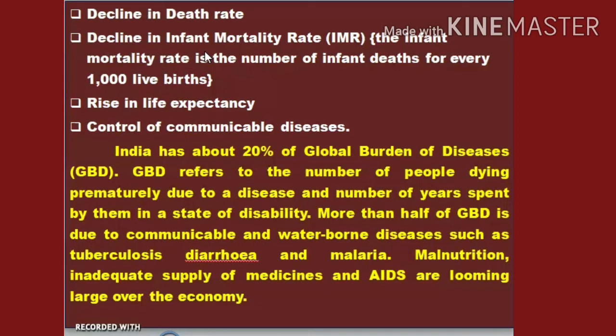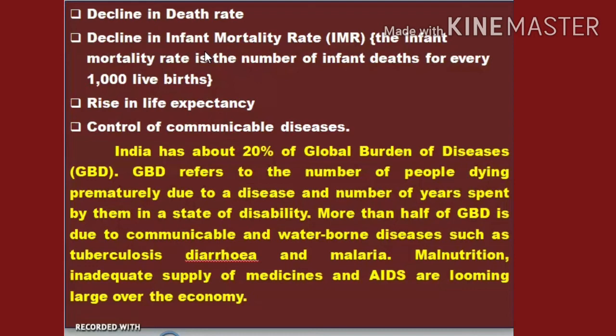Next is rise in life expectancy. Life expectancy has increased from 32.5 years in 1950-51 to 66.9 years in 2015 for males, and life expectancy has increased from 31.7 years in 1950-51 to 69.9 years in 2015 for females. So this is the ratio.